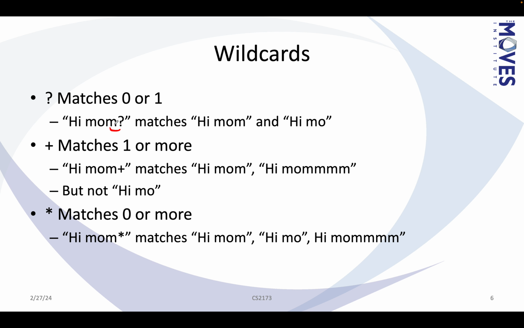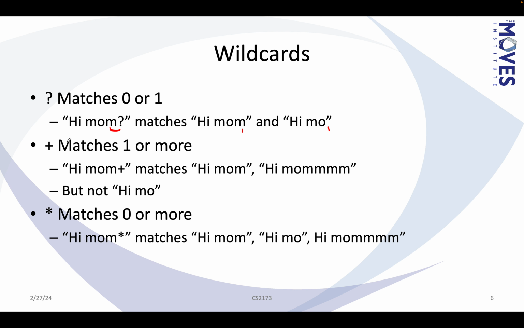So there'll be either 0 or 1 M's. This will match hi mom because there's 1 M, but it'll also match hi mo because there's 0 M's. But it won't match this one because there's more than 1 M.